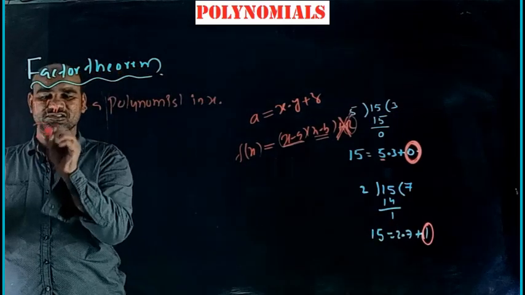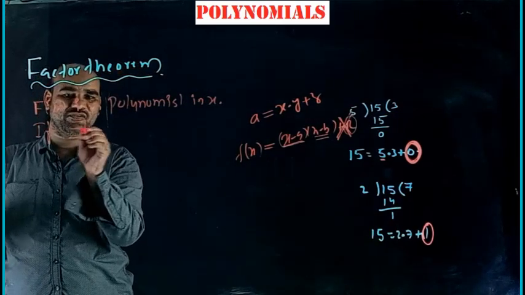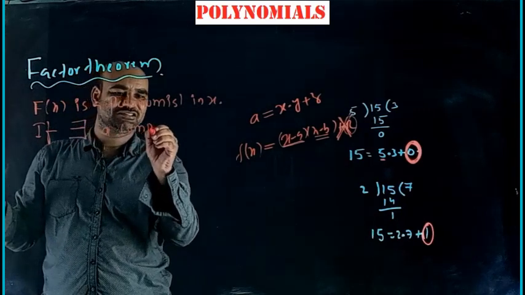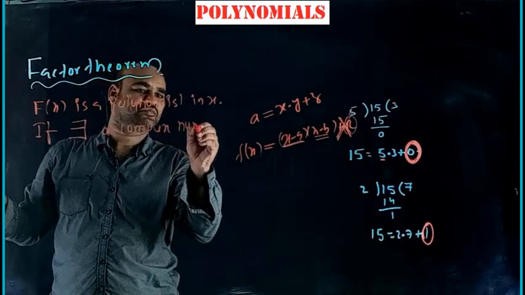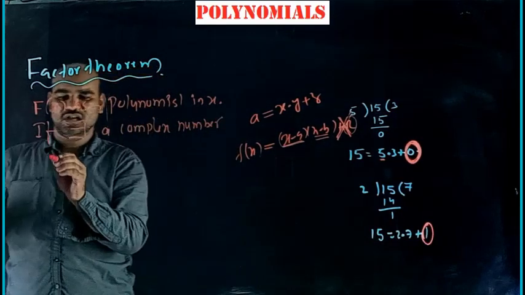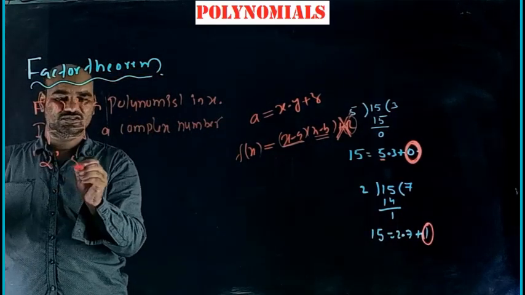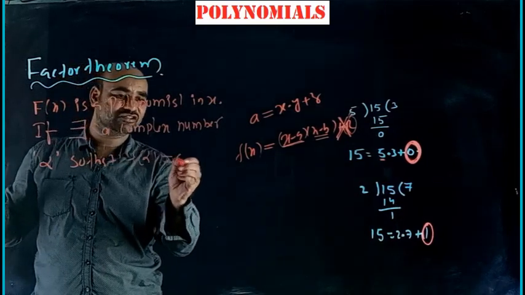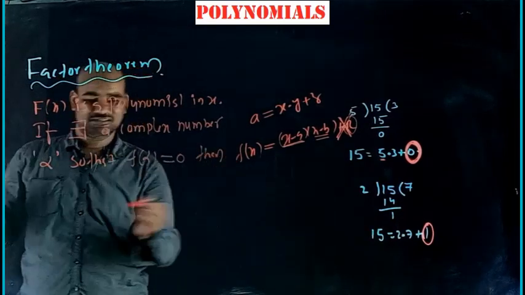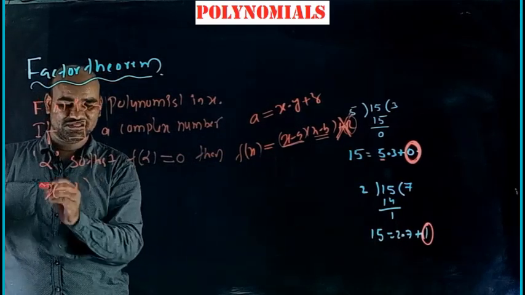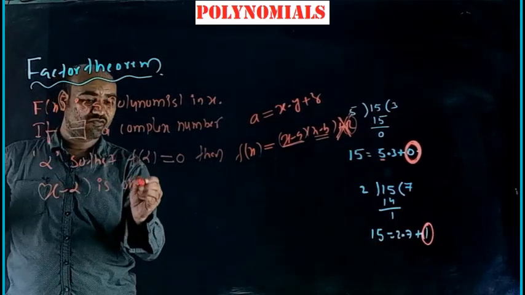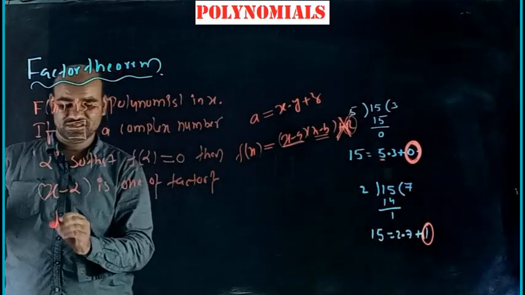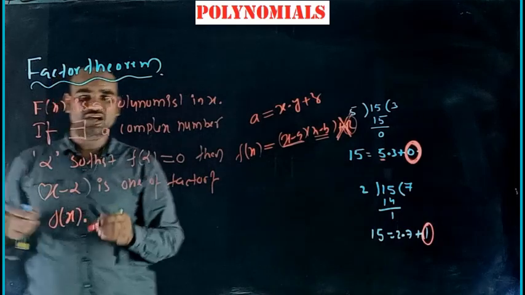If there exists, the symbol for there exists, a complex number alpha so that f of alpha equal to 0, then x minus alpha is one of the factors of f of x. This is the statement of factor theorem.